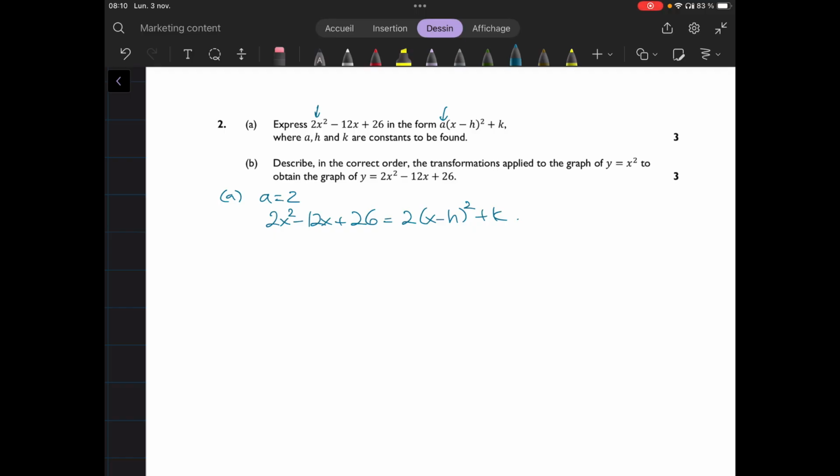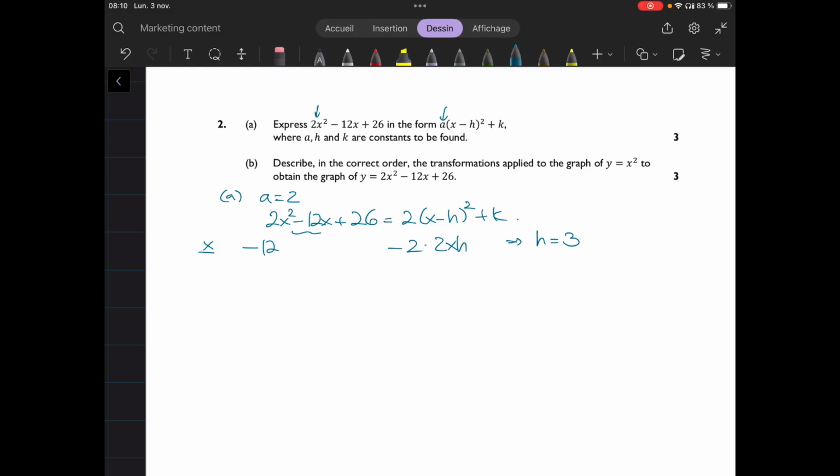So let's look at the coefficients of x. On the left hand side, we have negative 12. On the right hand side, when expanding the brackets, you will get negative 2 times 2, 8 xh. Therefore, h is equal to 3.